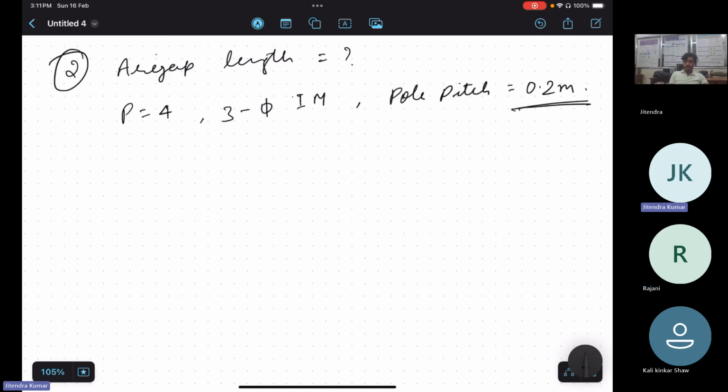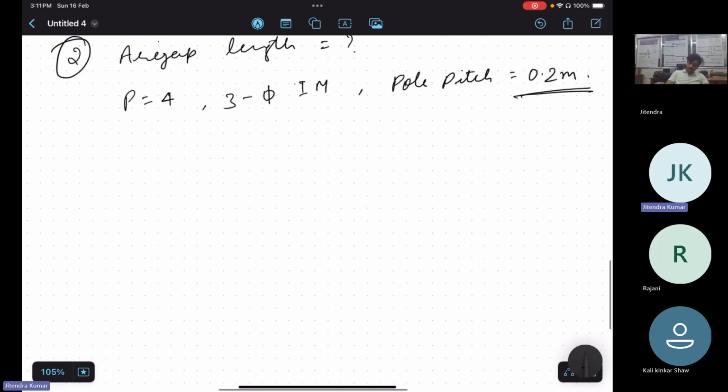We have to calculate air gap length g with Lipo's method.